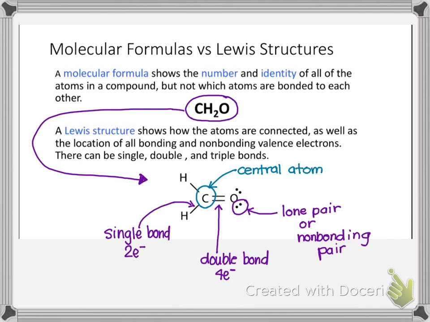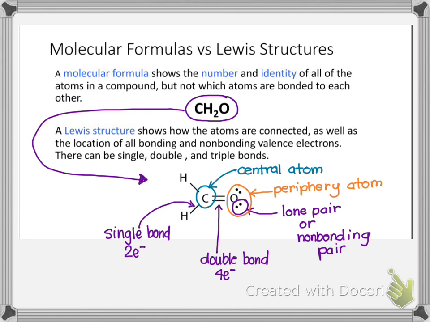And the outside atoms could just be called the outside atoms, but sometimes they are called atoms in the periphery. And the periphery just means the outside. It just means the ones that are on the outside of the central atom. So oxygen and both hydrogens would be atoms on the periphery.